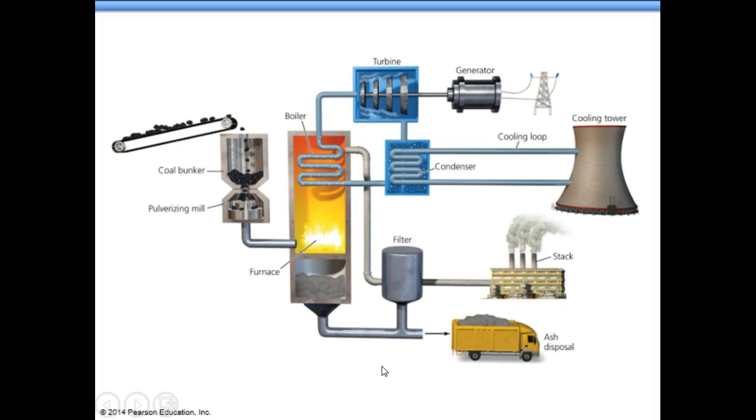So taking a look at this graphic, this is what happens. We bring the coal in, and it goes into this bunker where it will be ground and pulverized, and it will be put into this furnace and lit on fire. This is the ash.